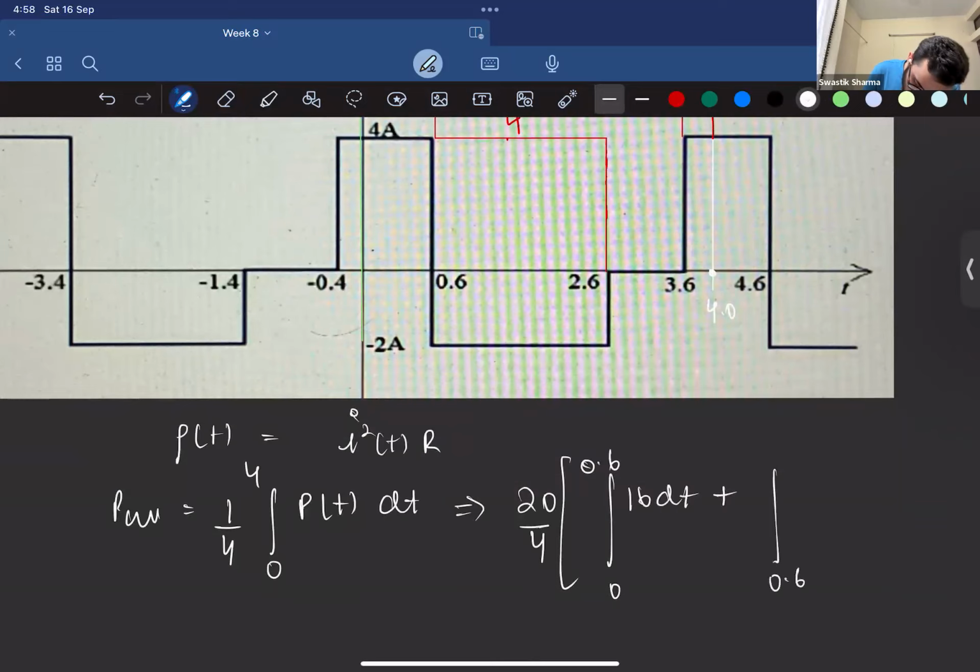From 0.6 to 2.6, it became 4. From 2.6 to 3.6, it was 0. We won't take that. And then from 3.6 to 4, it was 16 again.